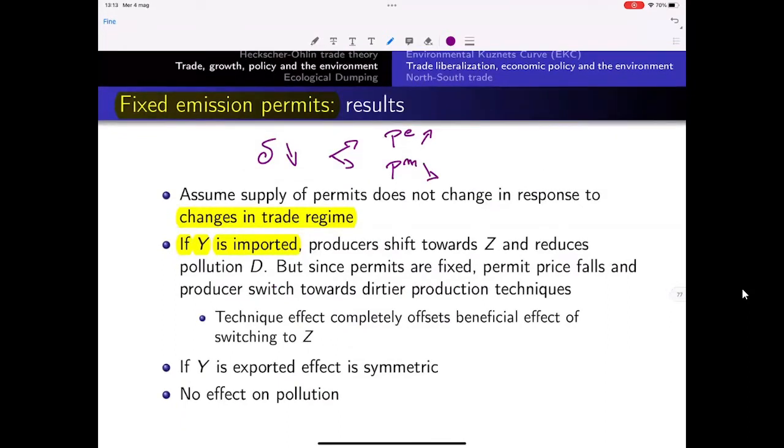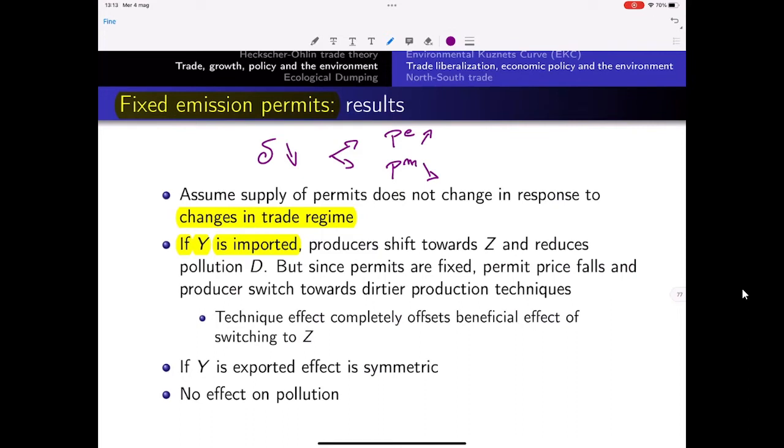P is the price of Y, the dirty good, because the price of the other one is normalized to 1, and it's not relevant. You can always normalize one price, because in economics, what matters is only the relative price. So here that's why we focus on the price of the dirty good rather than the clean, because it's clearly more interesting.